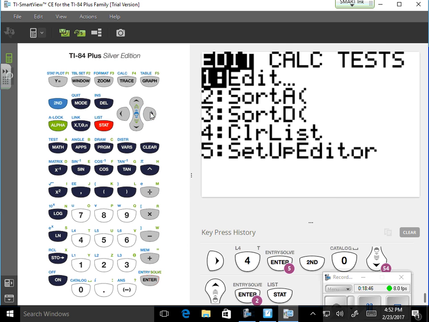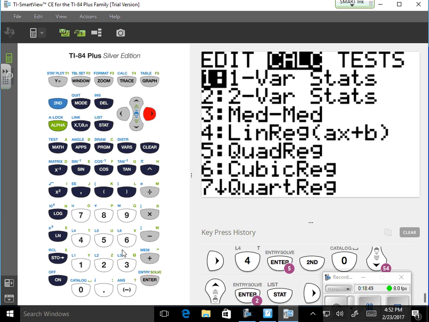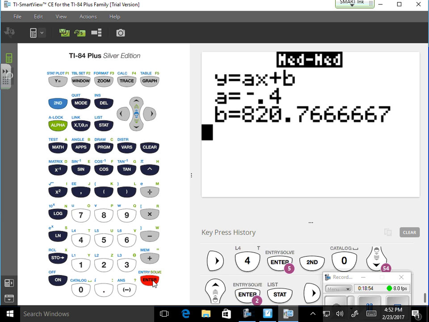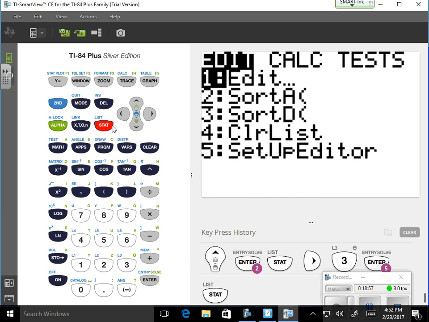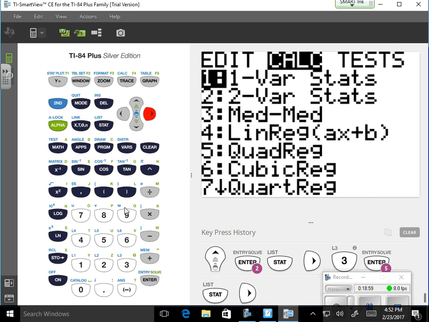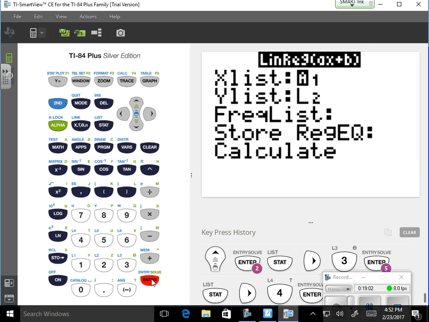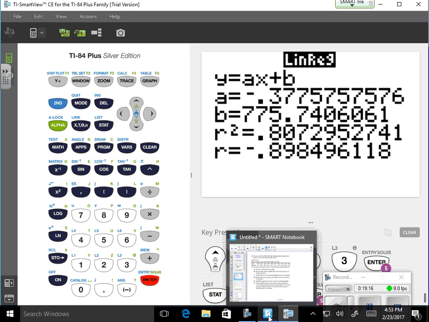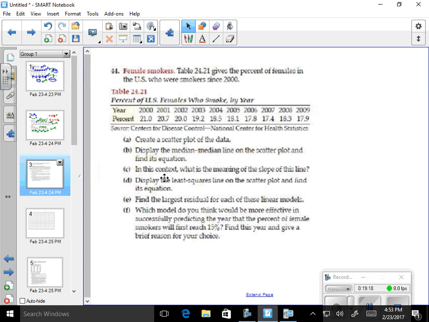Then we go Stat, Calc, 3, and it didn't even give us an R value. Let's see if it does for linear regression. Okay, we have an R value of 0.89. So I'm guessing that the other one was probably better, since it goes through the middle of the points better. So the largest residual will be the one that's better.